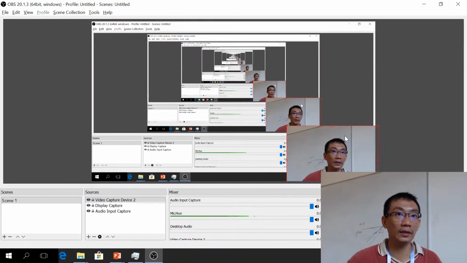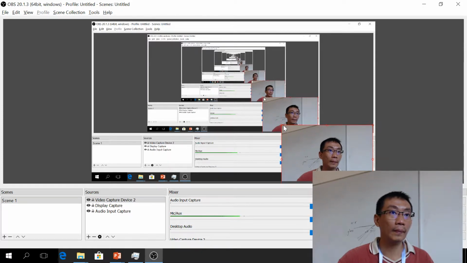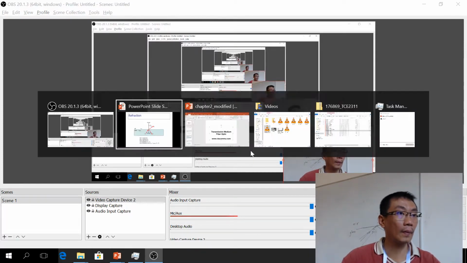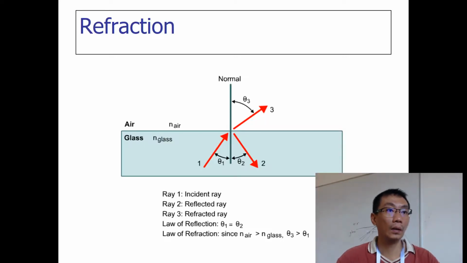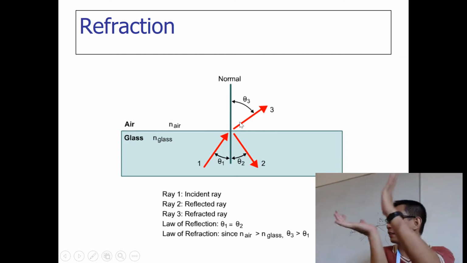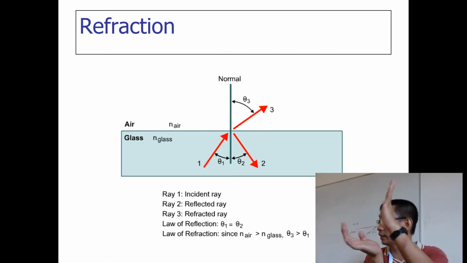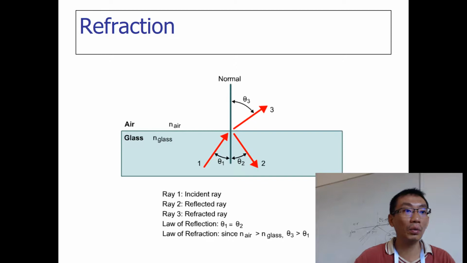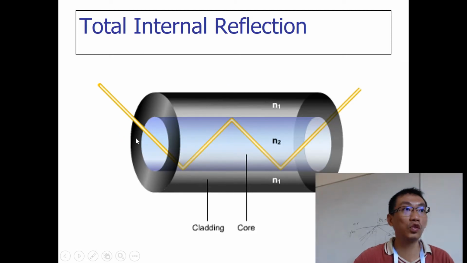Let's resize this. At a certain angle, some of it will be reflected, and it will be like this. So there's a loss of energy. So what we want is full total internal reflection.